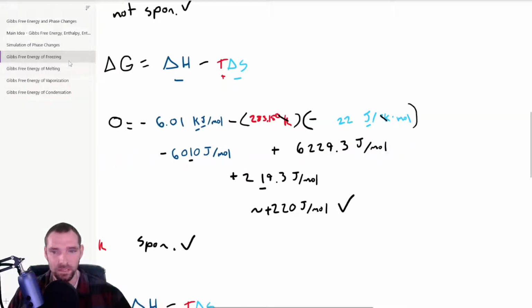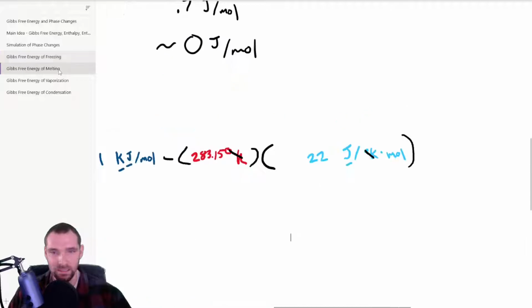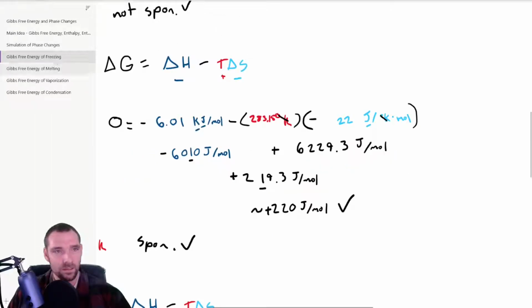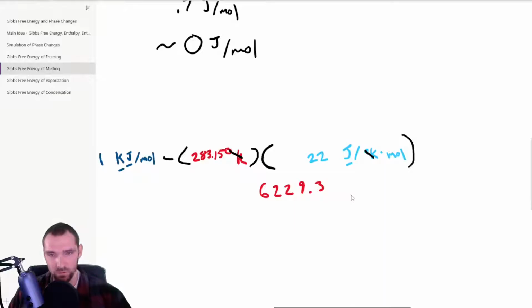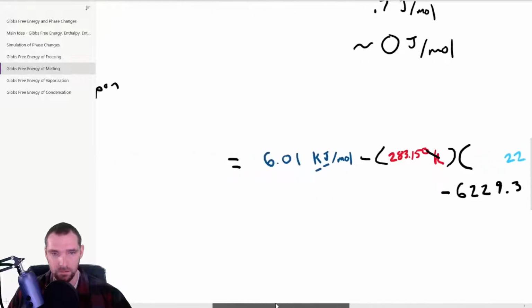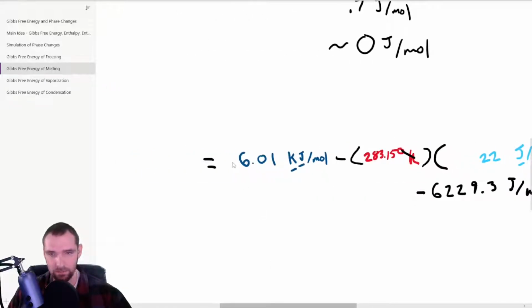So when you multiply these two, you get 6229.3, I believe. Yep, joules per mole. And in this case, it looks like that is negative, and that cancels out the positive here, which is great.